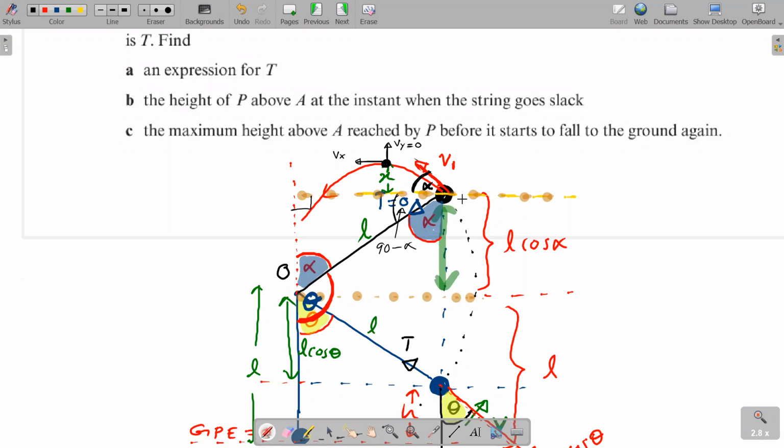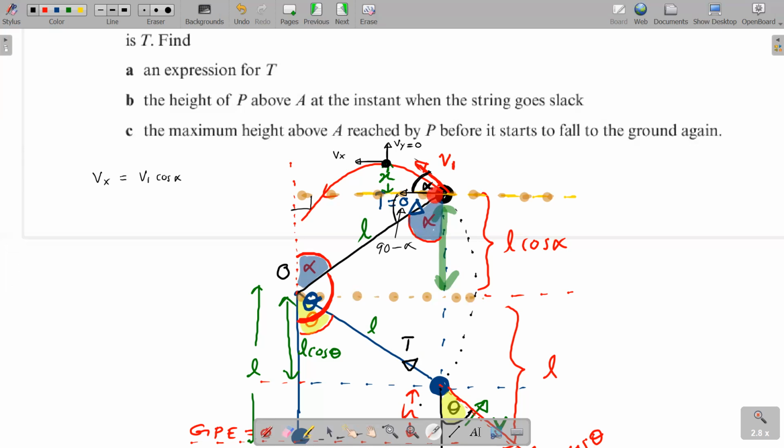So the x component of the velocity throughout the entire journey can be found from the original one, from the beginning. So this is V1 cos alpha. Can you guys see that it doesn't change throughout the entire motion? Throughout the entire projectile motion, the horizontal part doesn't change.